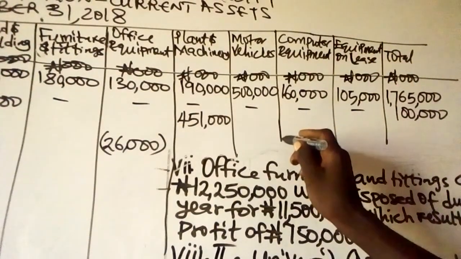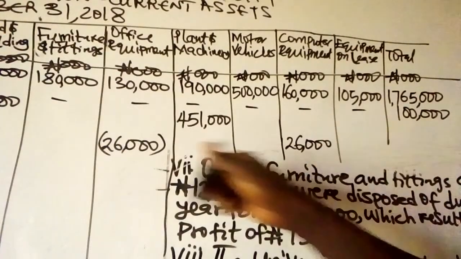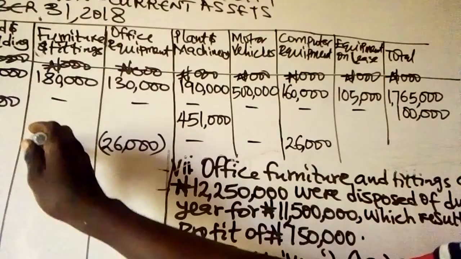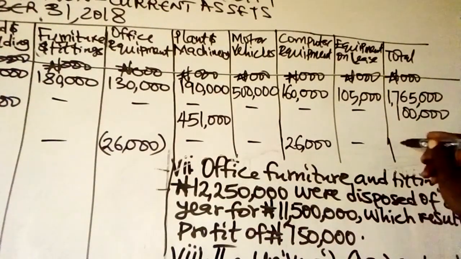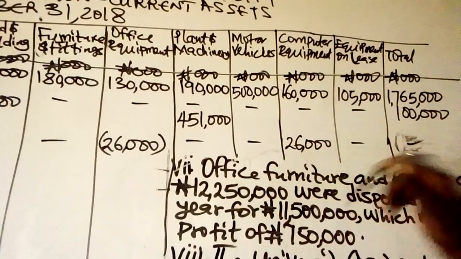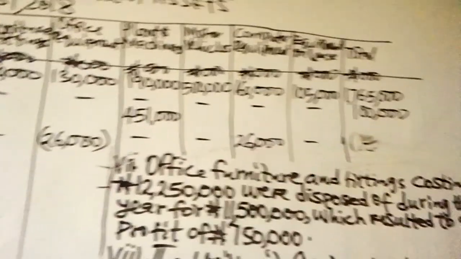Computer equipment, 26 million. So it is negative here and positive here. This will negate each other. Minus this plus this will be nil. That is note 6. Note 7 now.